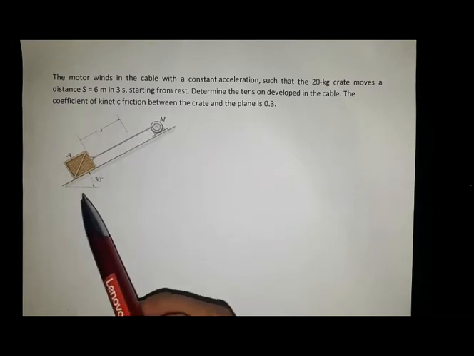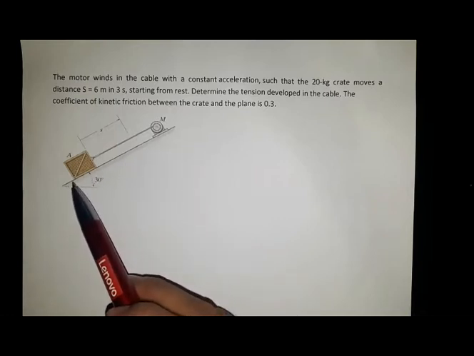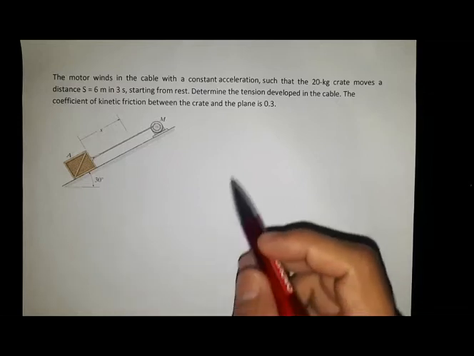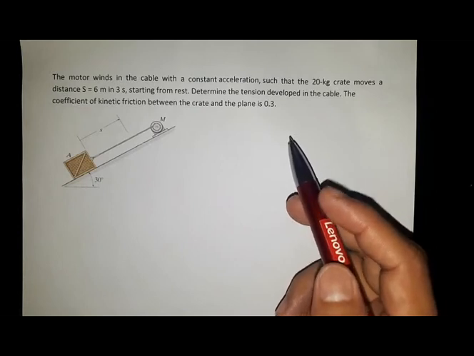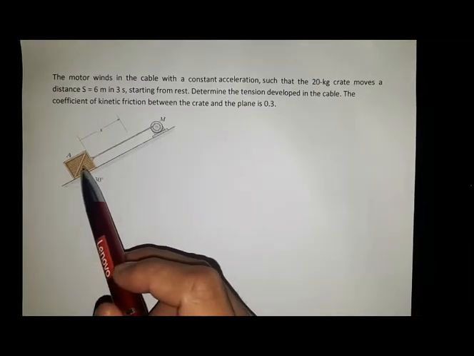So, in this problem, we have a given figure. This is a rectilinear motion on an inclined plane. In order to solve the problem, let us first establish a coordinate system. We have an inclined motion.